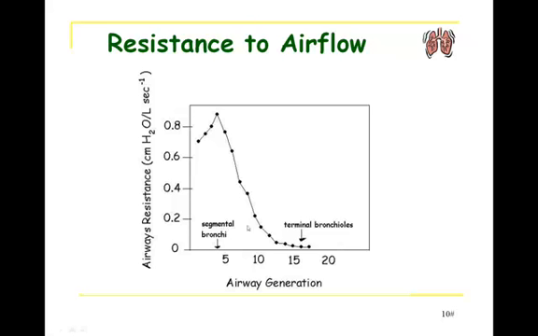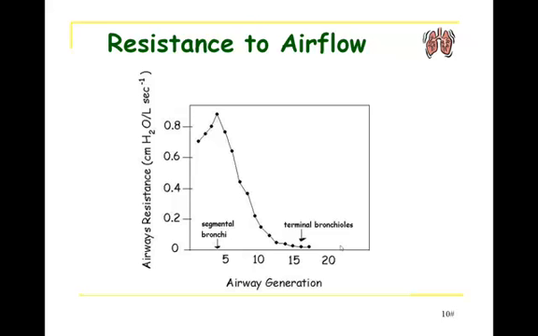Total resistance is low. And then if you notice, this is terminal bronchioles, when you get in here, it doesn't matter. You don't really have to worry about resistance to airflow. The gas is moving by the principles of diffusion. So you don't really have to worry about the flow equation. Remember the flow equation.